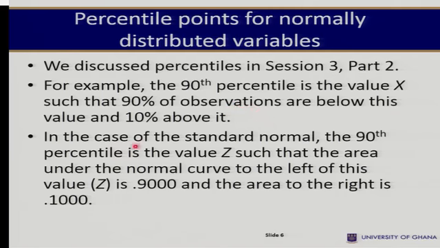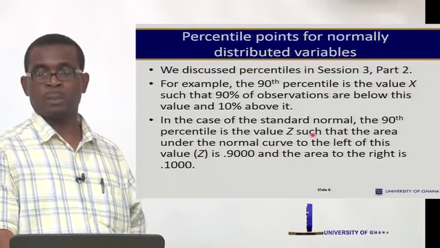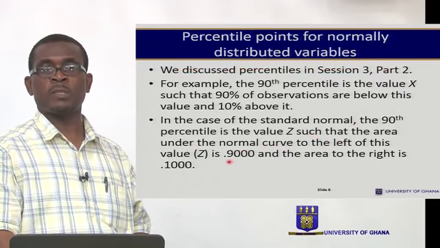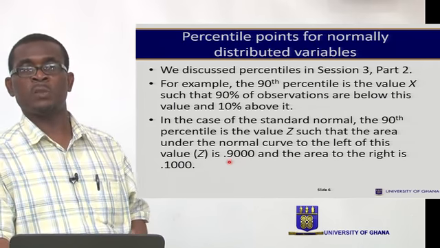But in the case of the normal distribution, especially the standard normal, the 90th percentile will simply be the z value such that the area under the normal curve to the left of this z value is equal to 0.9000 or 0.9. And the area to the right is 0.1.